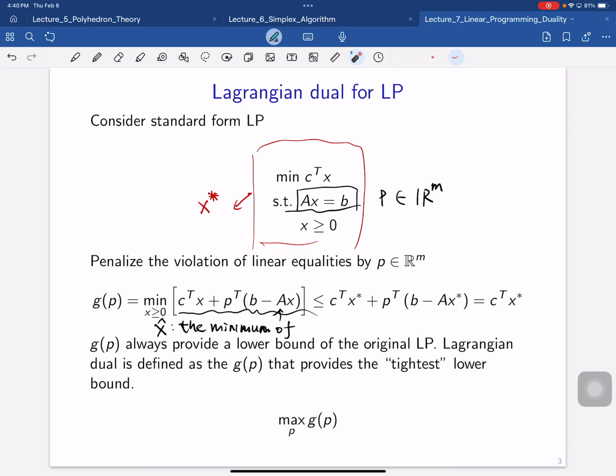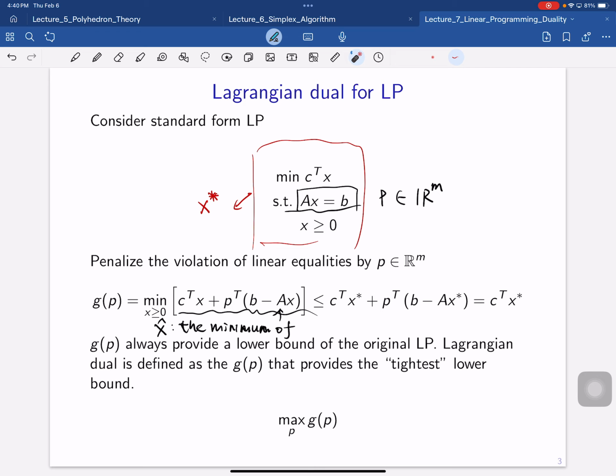What you do know is that if you plug in x star into this expression, it cannot be better than x hat, since by definition x hat is the minimum of the function you are trying to minimize. So if you plug in x star, the value must be greater than or equal to the minimum.